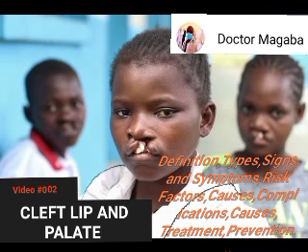A cleft lip means that there is a gap in the baby's lip, and the cleft may be on one or both sides of the upper lip, and it may reach all the way to the nose. Oftentimes, a baby with a cleft lip may have a gap in the upper gum. And a cleft palate has a gap in the roof of the mouth, and that connects to the nose.